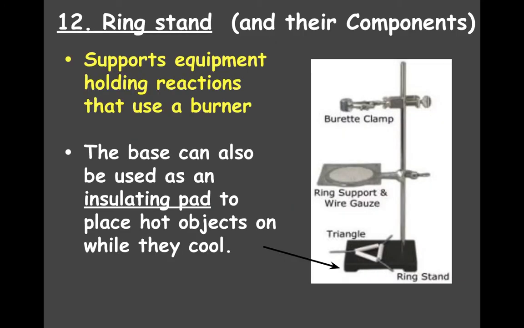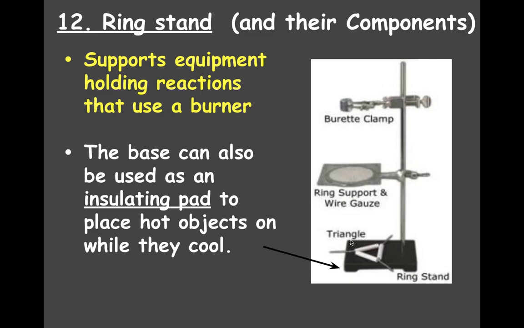Now here we have the ring stand. This is where we saw the crucible sitting on it. Here we can see the base of the ring stand. This is our ring stand. We have wire gauze and we have a clamp. So a ring stand is going to help you support your equipment that is used for reactions that use a burner. So the burner would sit at the base. The base can also act as an insulating pad to place hot objects on.